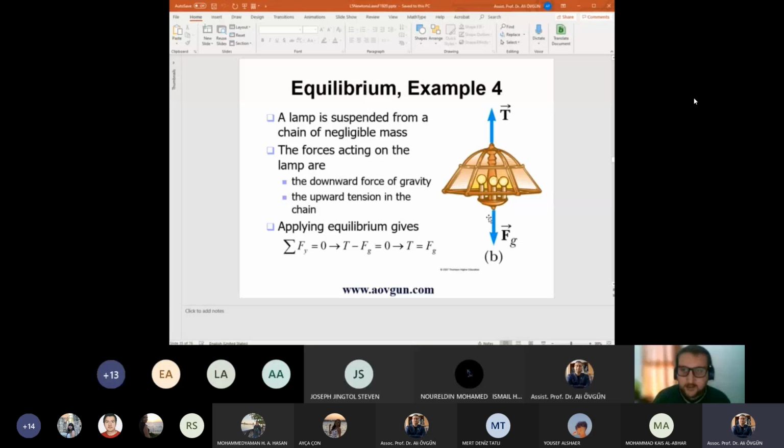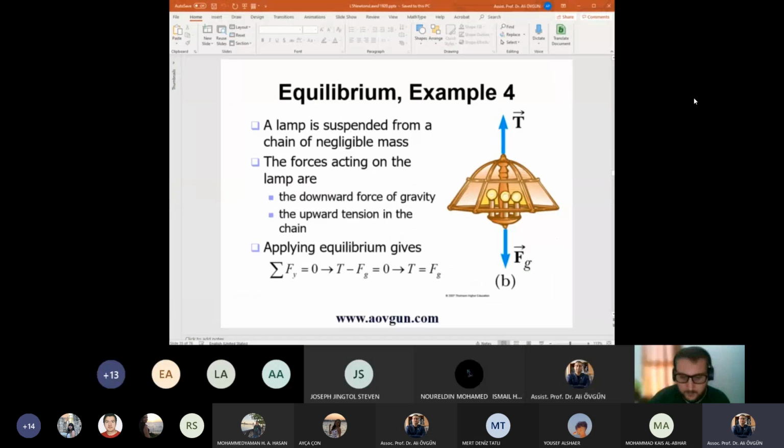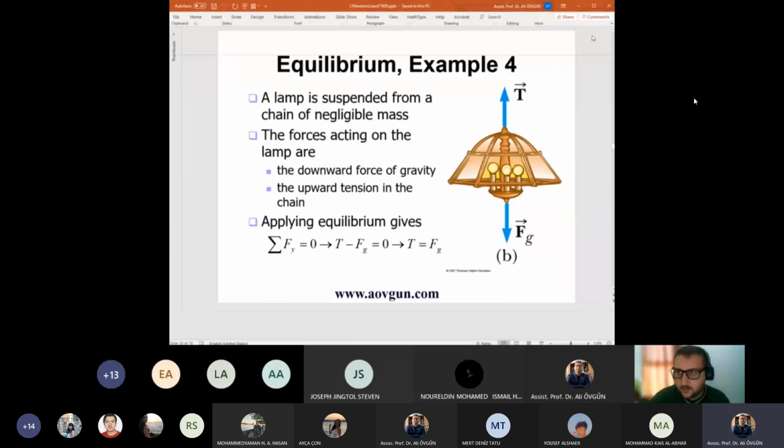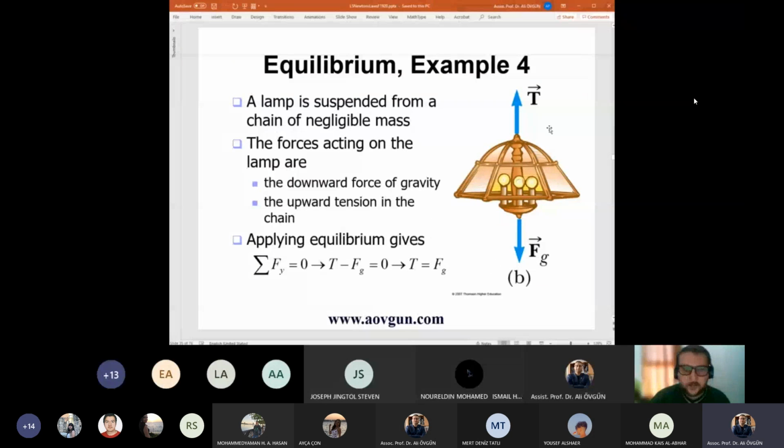So look at this example. A lamp is suspended from a chain of negligible mass. There are two forces acting on the lamp.